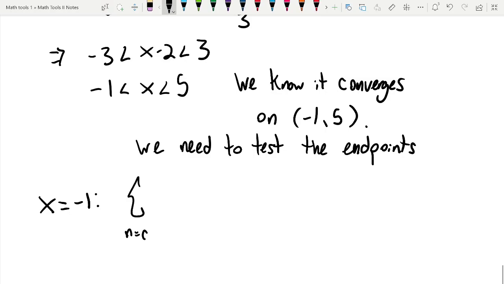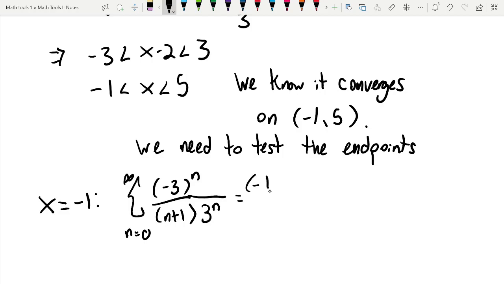This would become (-3)^n over (n+1) times 3^n. So this is equal to (-1)^n times 3^n over (n+1) times 3^n. So we can cancel these out, and this should be the series here.